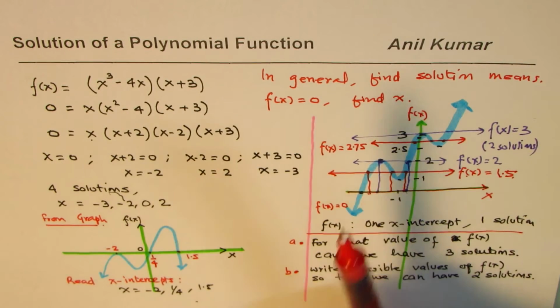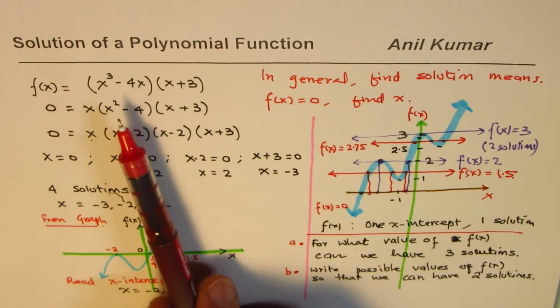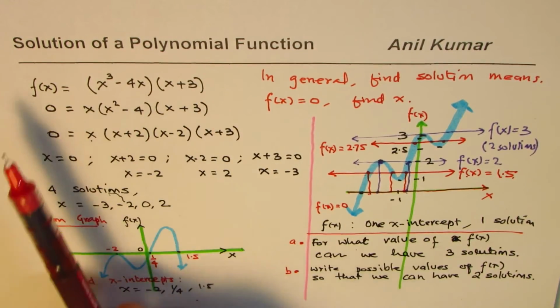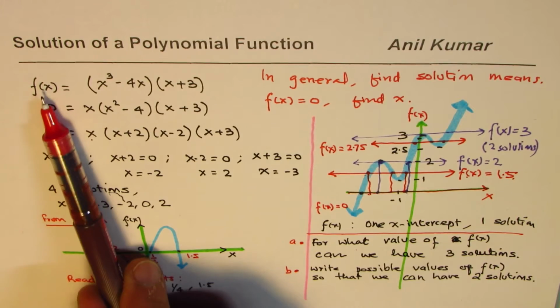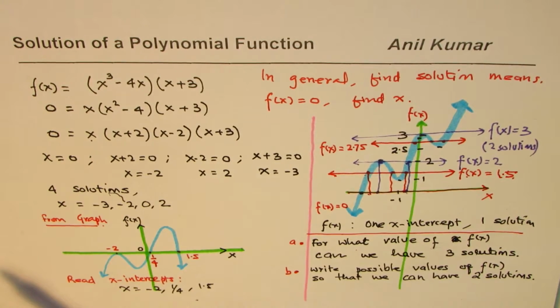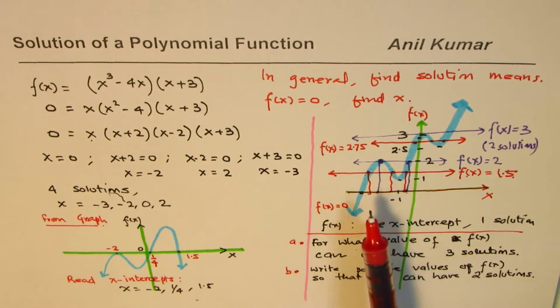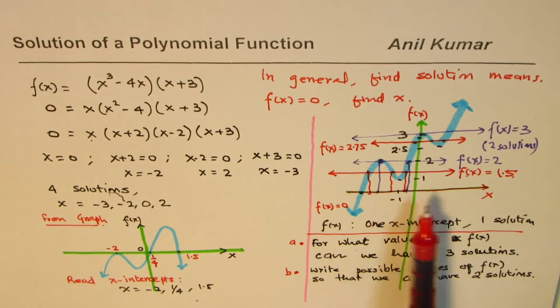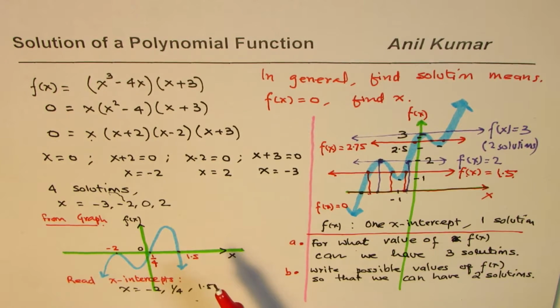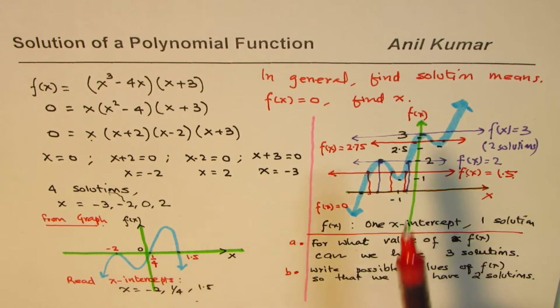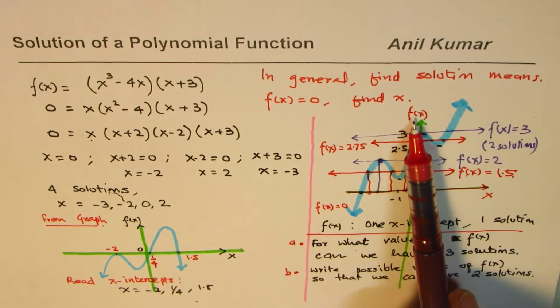So in general, when we say find the solution of any equation, we are assuming y to be 0, or f of x equals 0. That is in general. And the solution is represented by x-intercepts. Is it okay? But we could have had different numbers of solutions by having different values of f of x.